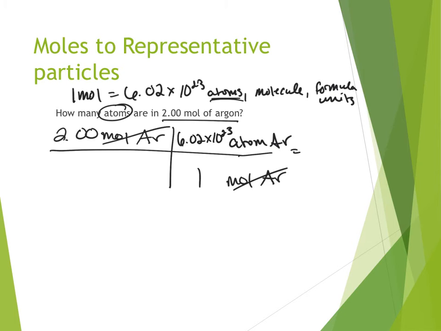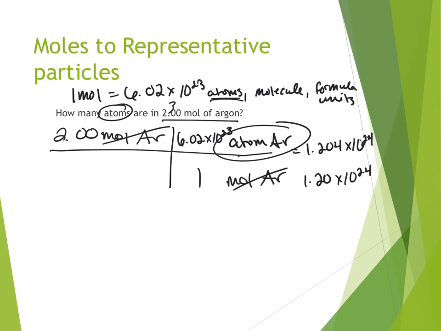And so what you're going to get is 1.204 times 10 to the 24th. Yep, 24th, sorry. Trying to mental math here. Can fix that. 10 to the 24th. Sig figs, this was 3, so I'll round this to 3 sig figs. 1.20 times 10 to the 24th.